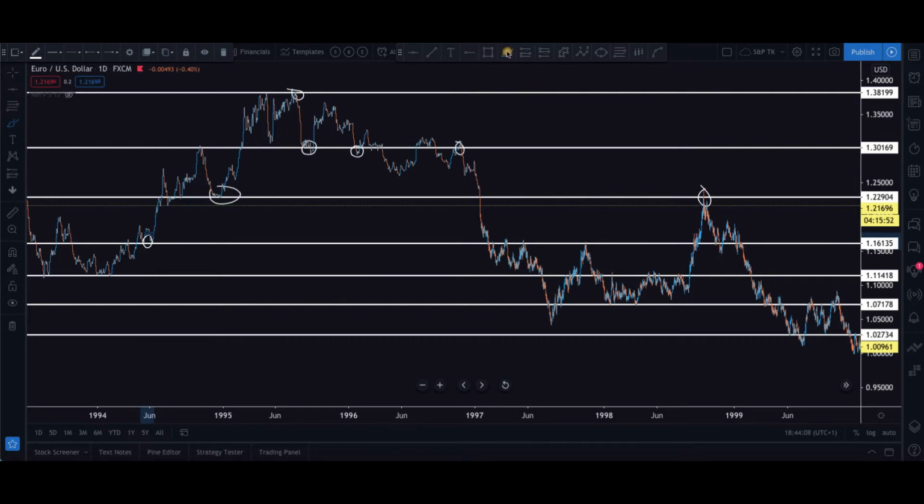So for our strategy, we will not consider support and resistance in this way. Okay, so we don't consider support and resistance in this traditional, common way.